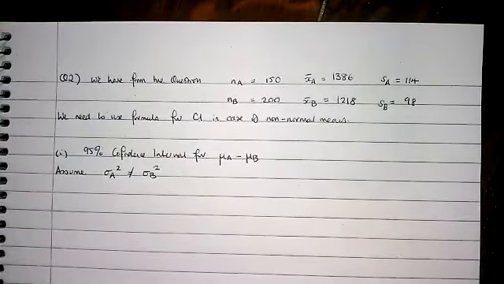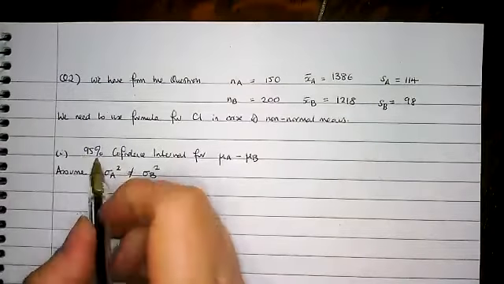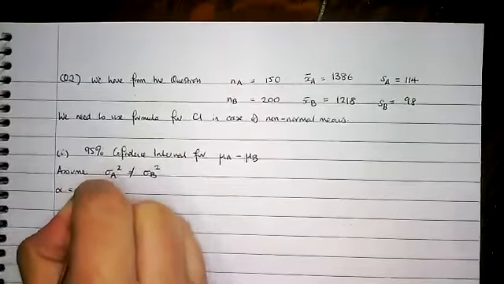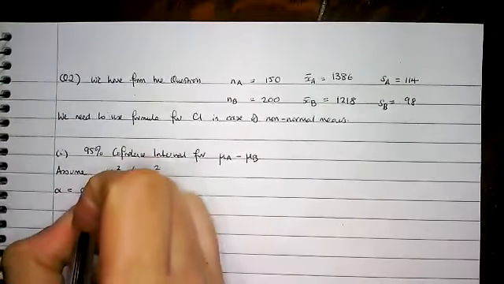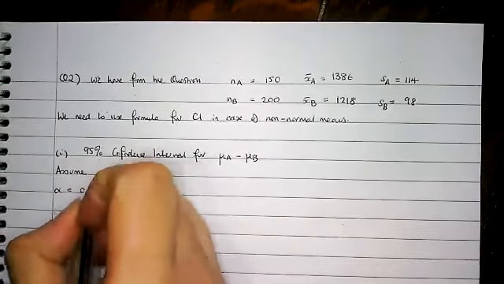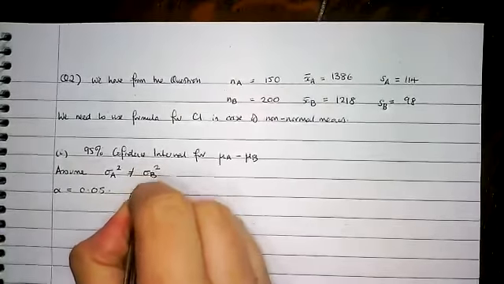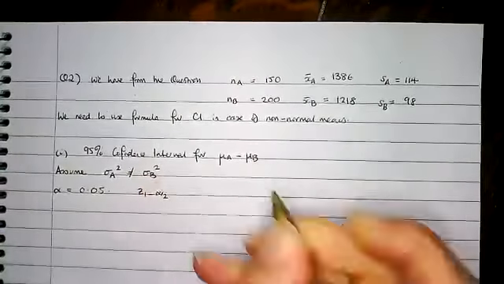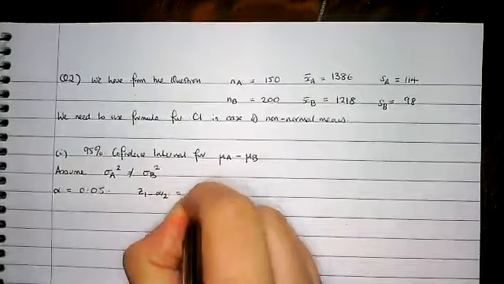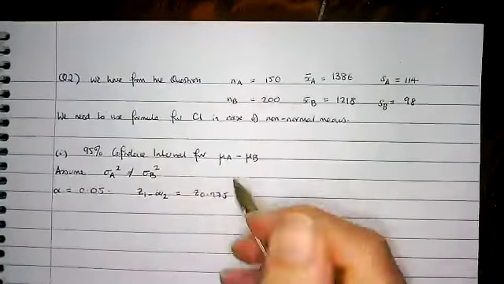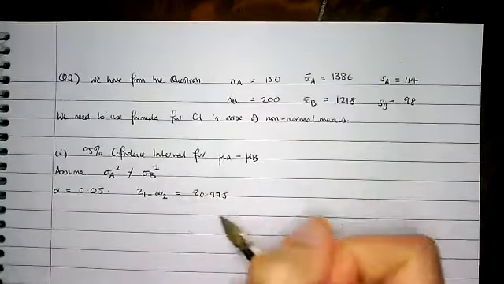So we assume that the variances from the underlying distributions are different. So in this case, because we're looking at the 95% confidence interval, I set alpha equal to 0.05. Something that's going to be used in my confidence interval is the value of z_(1 minus alpha divided by 2), which in this case is z_0.975. Now, what is this z creature?